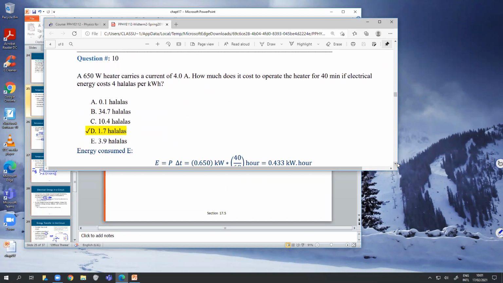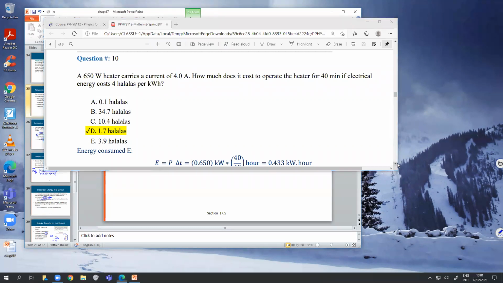Number 10. A 650 watt heater carries a current of 4 amperes. How much does it cost to operate the heater for 40 minutes if electrical energy costs 4 halalas per kilowatt hour? Now we can see why we introduced this new unit for measuring energy.